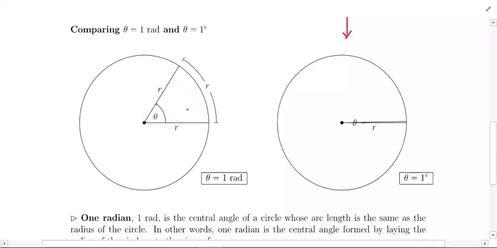So what an angle of 1 radian is, whatever your radius is, however big that is, if you start with your angle in standard position, your initial side coincides with the positive x-axis, so you start right here and you start walking along the circle, say you walk r units, so you're walking a distance equal to the radius of the circle.